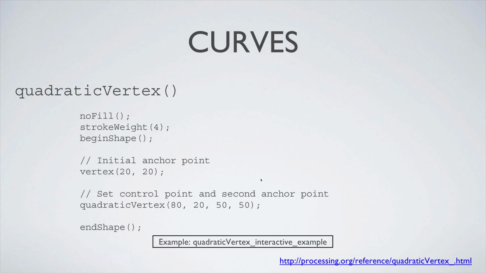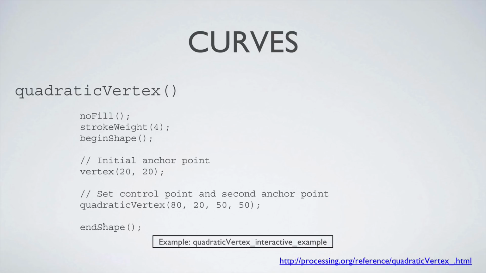So here's a quick example of quadratic vertex. We set the line, then we say begin shape. We set the first anchor point, the starting point, at 20, 20. Then we use quadratic vertex and we give the control point and a second anchor point, and end the shape.